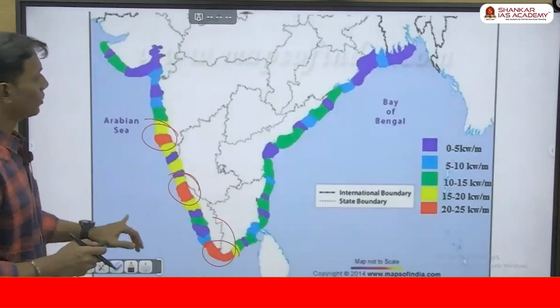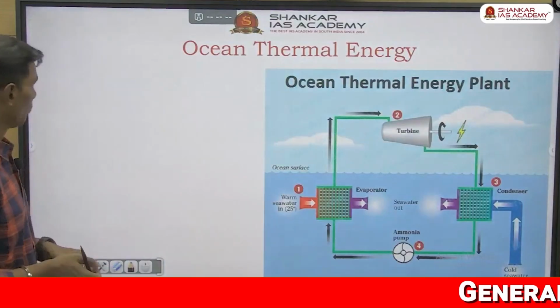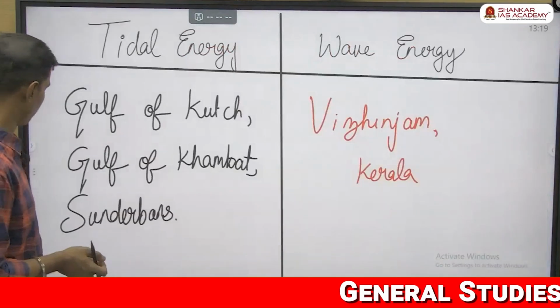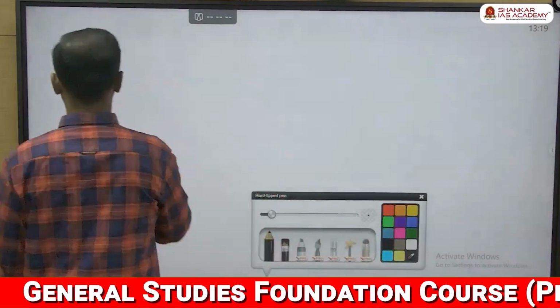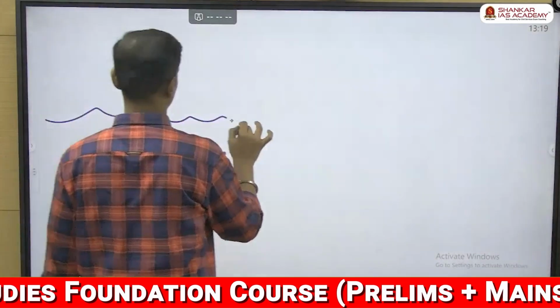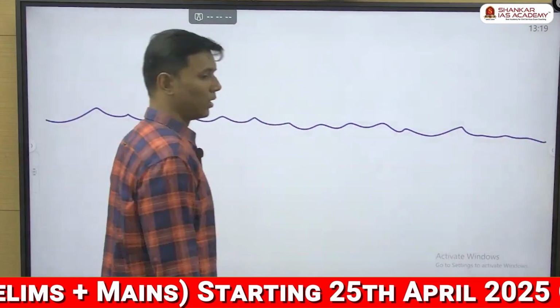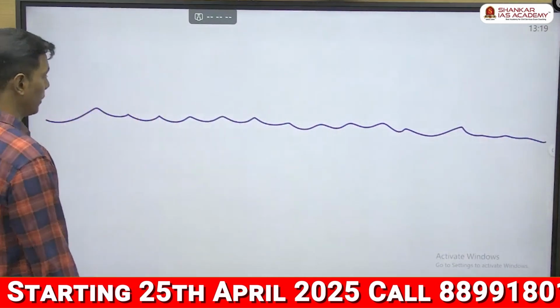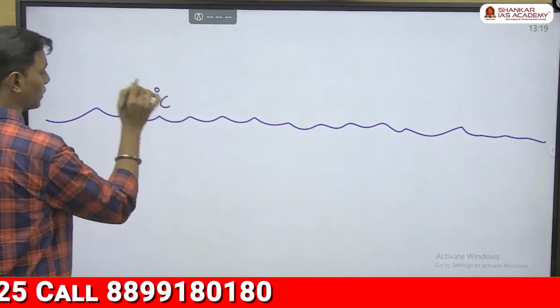Next is ocean thermal energy conversion. Next concept is OTEC, or ocean thermal energy conversion. How we use ocean thermal energy is, let's take the surface of the ocean, which is at 25 degrees Celsius, for example.